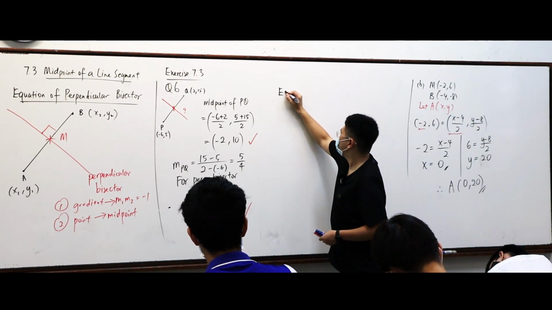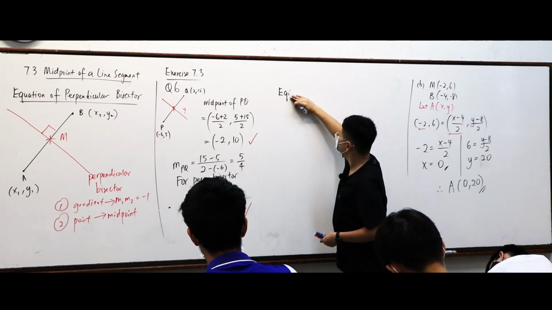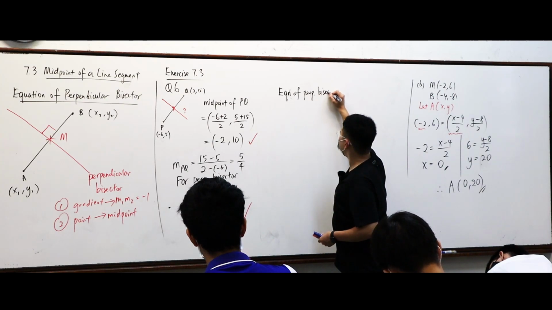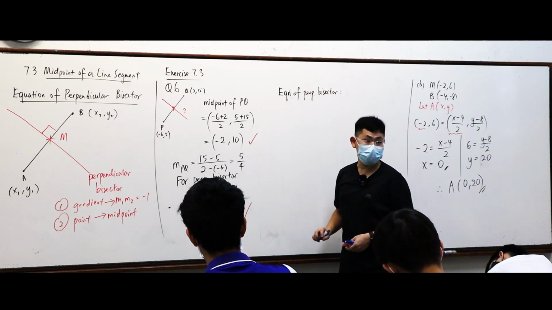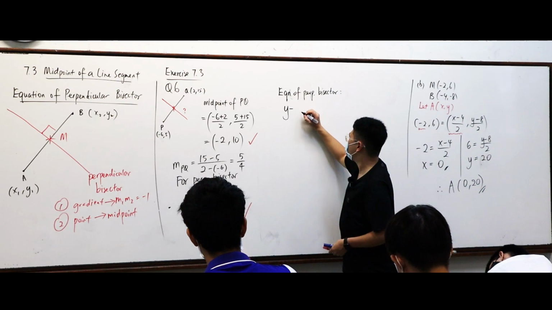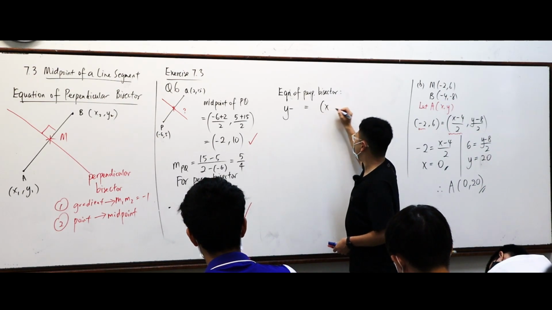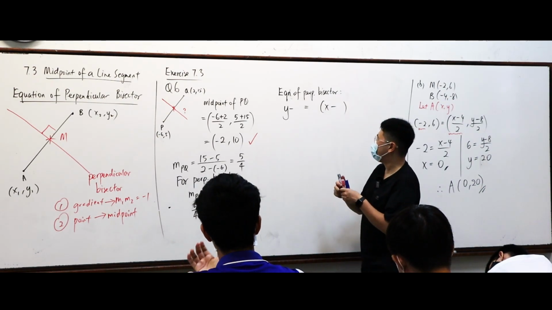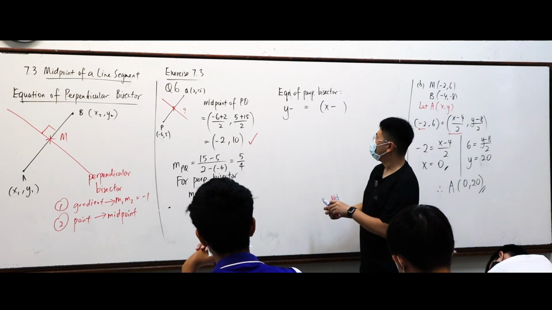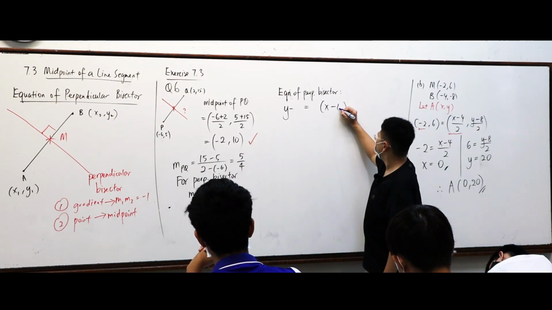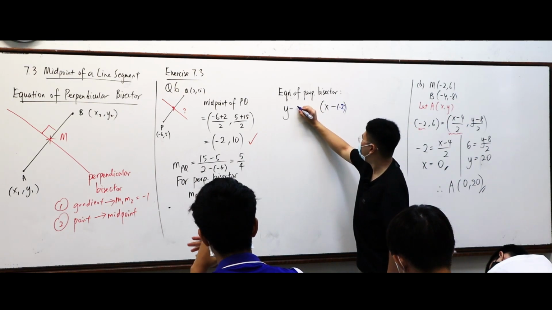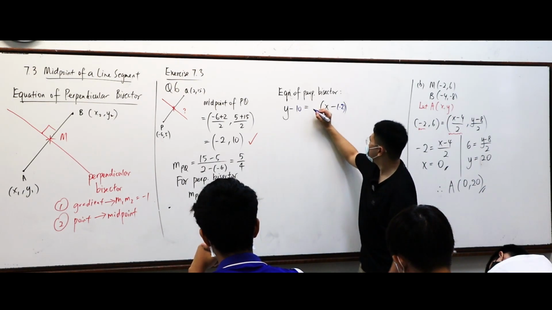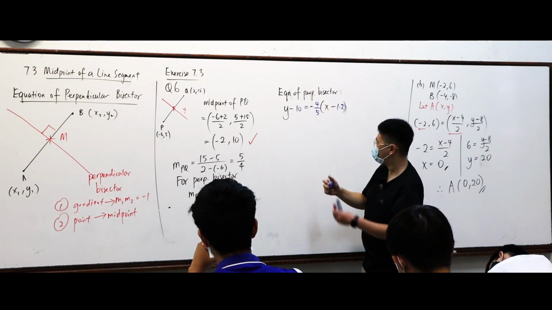So here, finally, the equation of the perpendicular bisector is going to be equals to, now we can build with this one, y minus y1 equals to m times (x minus x1). So the point that I need here, negative 2 and 10, the gradient is negative 4 over 5.